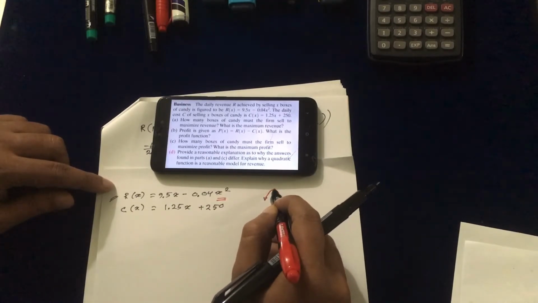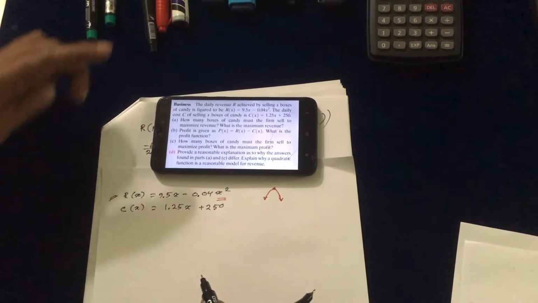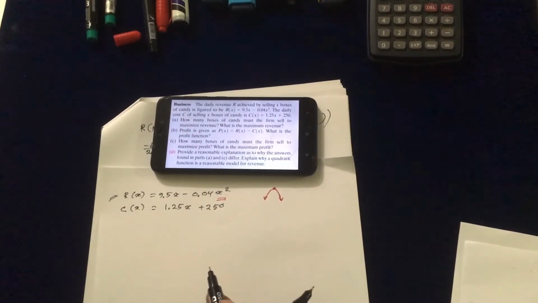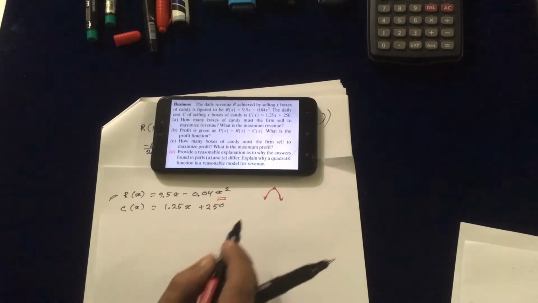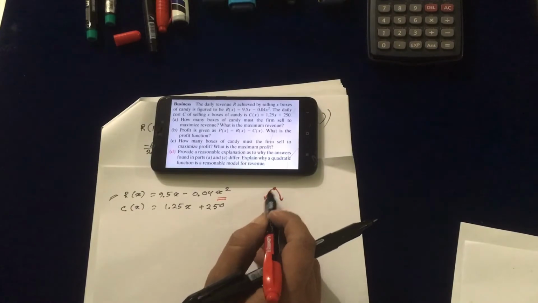So when it is a down opening parabola, this value is the maximum. So our question and our concept are matching, right? Because we are getting a down opening parabola, and from the down opening parabola we will get the maximum price and the revenue. They are asking us to find this value, and this value is called the vertex. This is the vertex of the parabola.